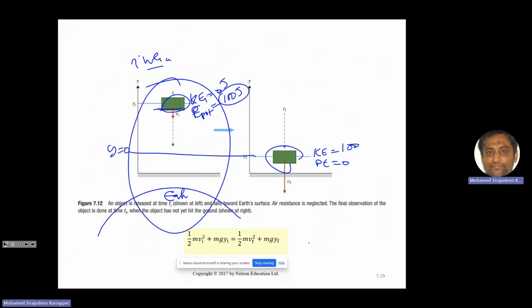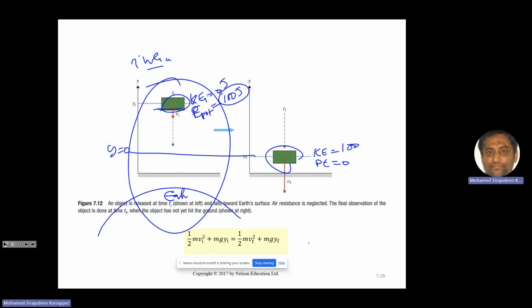When it is touching, it has a speed. It loses energy afterward, but I will ignore that. I am not worried about what happens afterward. My isolated system is from t equal to 0 until the moment just before it touches. In that period, total mechanical energy must be conserved.